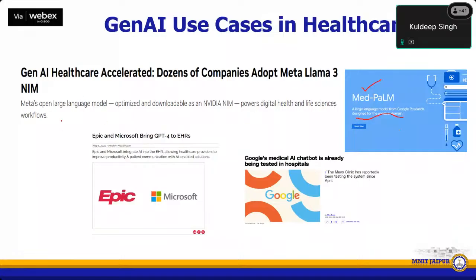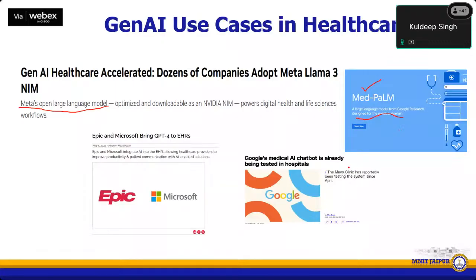Another example is Meta's open large language model, which is optimized and downloadable as an NVIDIA NIM, and this powers digital health and life sciences workflows. Further, we have Google's medical AI chatbot, which is already being tested in multiple hospitals.